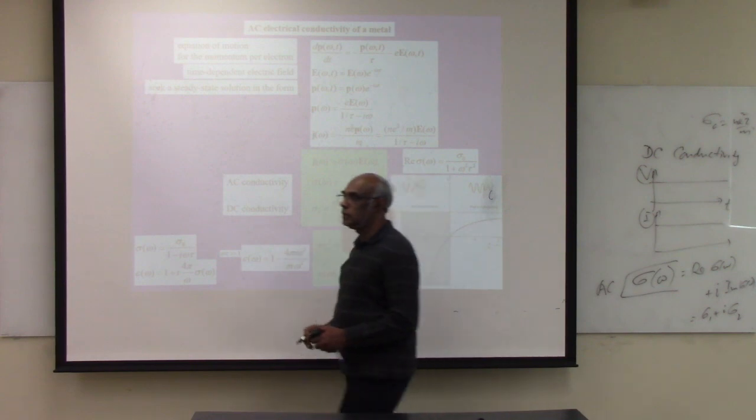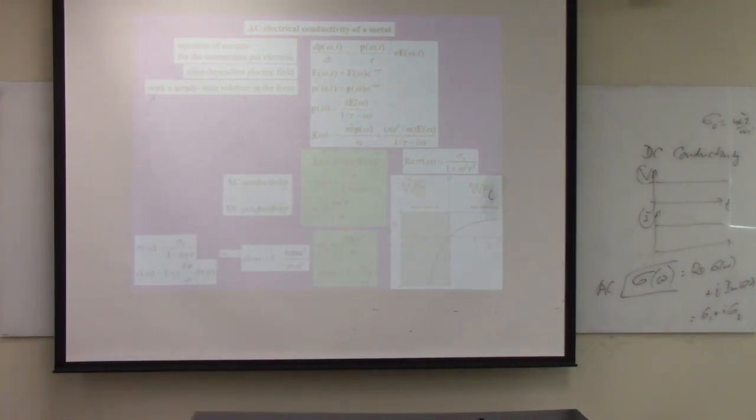What does this mean? Your real part of your dielectric constant, if I plot omega against epsilon r, when omega p is equal to omega, your epsilon r becomes 0, right? So suppose this is my omega p. So at this point your epsilon r becomes 0.